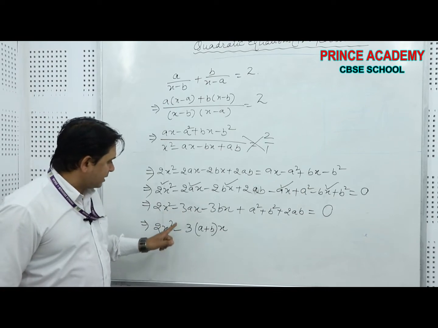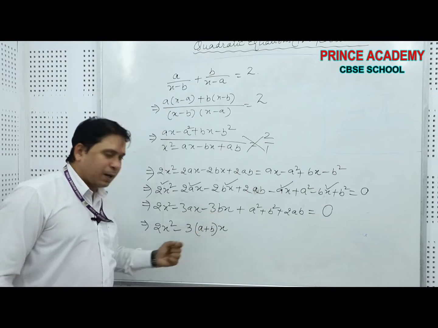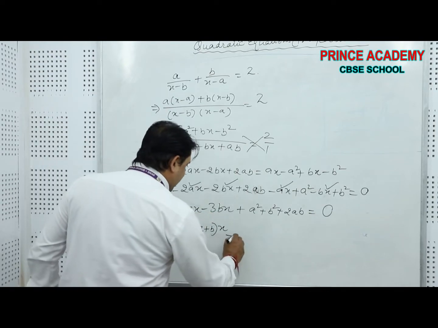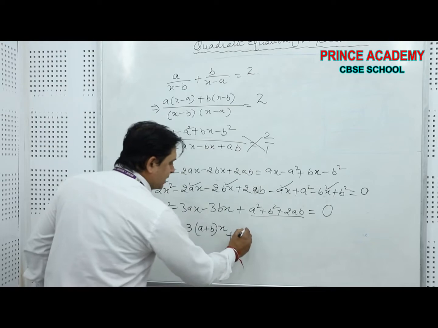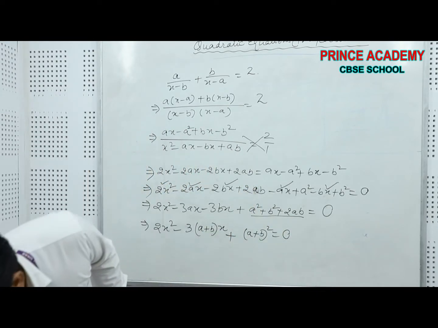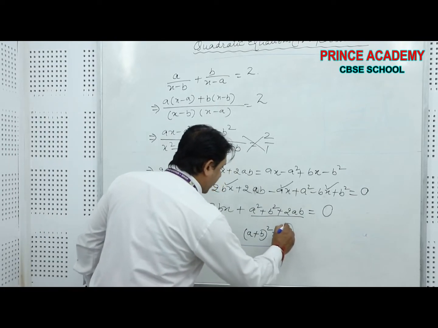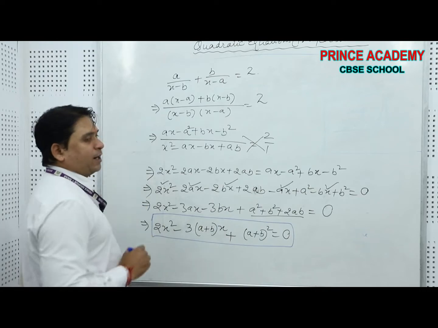Minus 3x, and x with 2 common, (a plus b) the remaining portion, and plus what can be written as (a plus b) whole square, yes or no? This is the quadratic equation formed in the standard form.